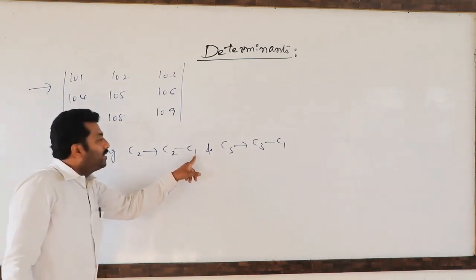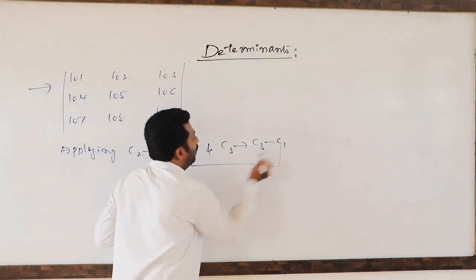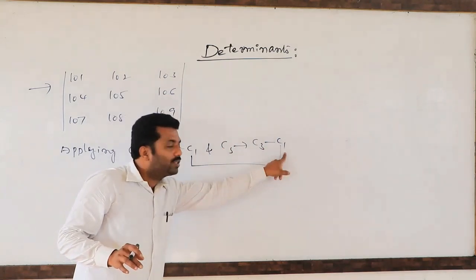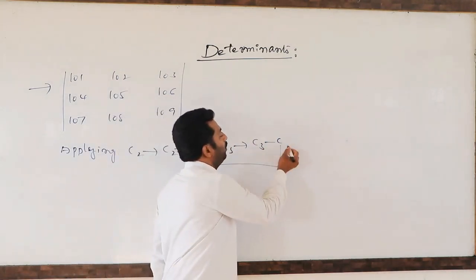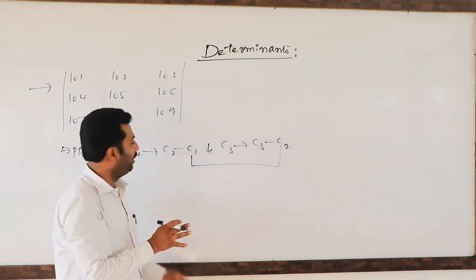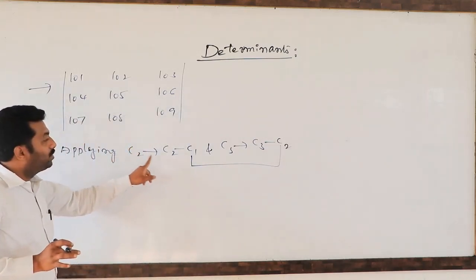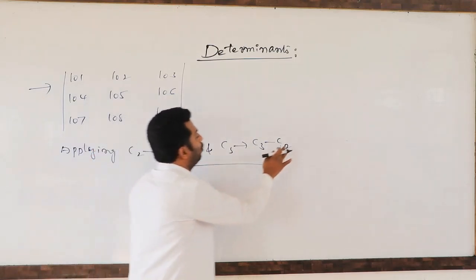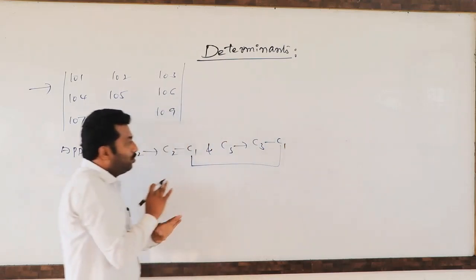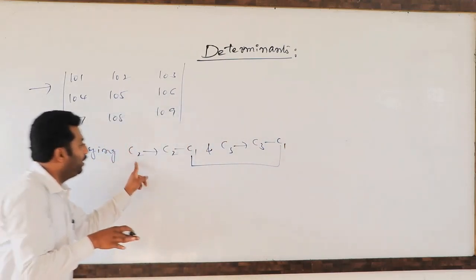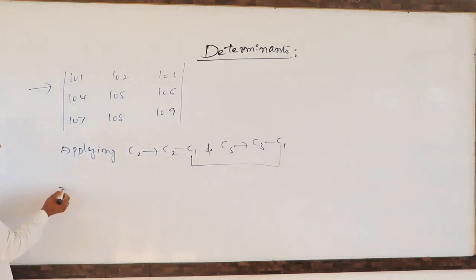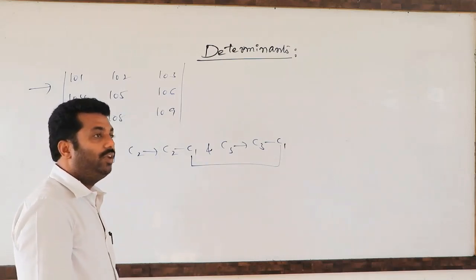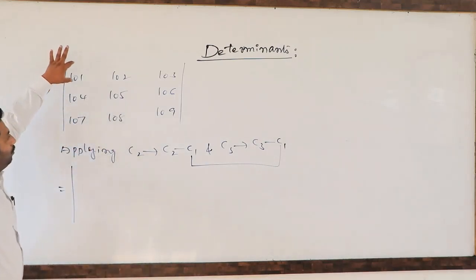For C2 operations we are using C1, and for C3 operations we are using C1. Suppose you use C2 for the C3 operation, that is the wrong process, because C2 has already changed. C1 has no change; we are changing only C2 and C3. In determinants, two or more operations can be applied at a time when proper.